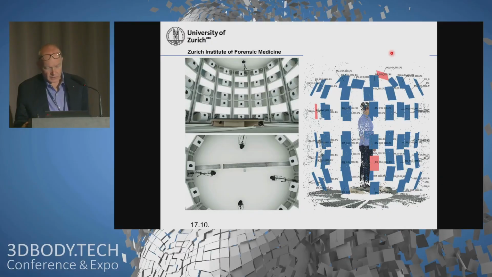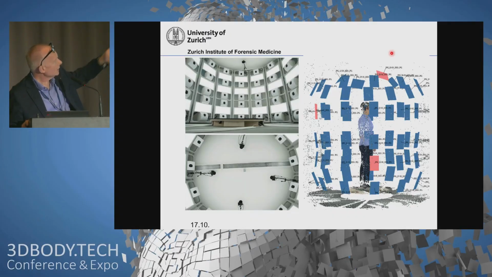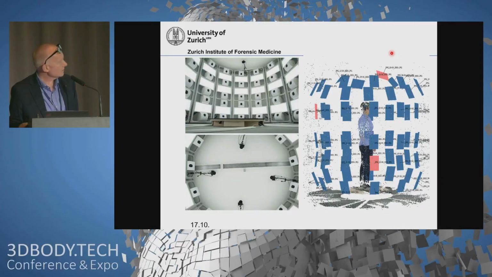So don't believe that forensic doctors are only looking at dead people. That's an older story. We are looking more and more at living people. And that's the reason we started many years ago using that multi-camera system based on photogrammetry. That's an old system. You can see a modern system over there in the exhibition hall, but we are using that on a daily basis.